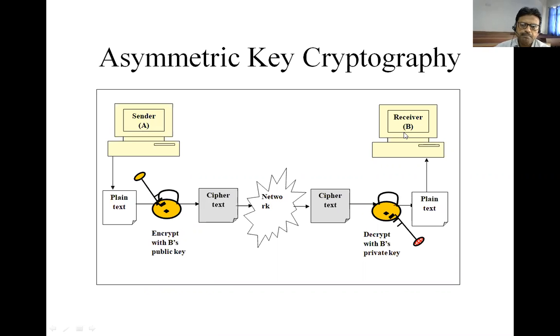So it is very important to keep the private key confidential. Whatever the private key is, it is kept secret and should not be shared with anybody else, but you can share the public key.